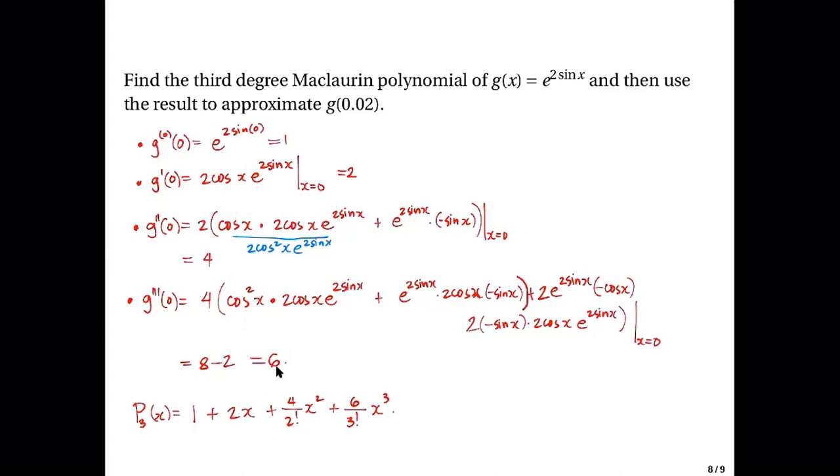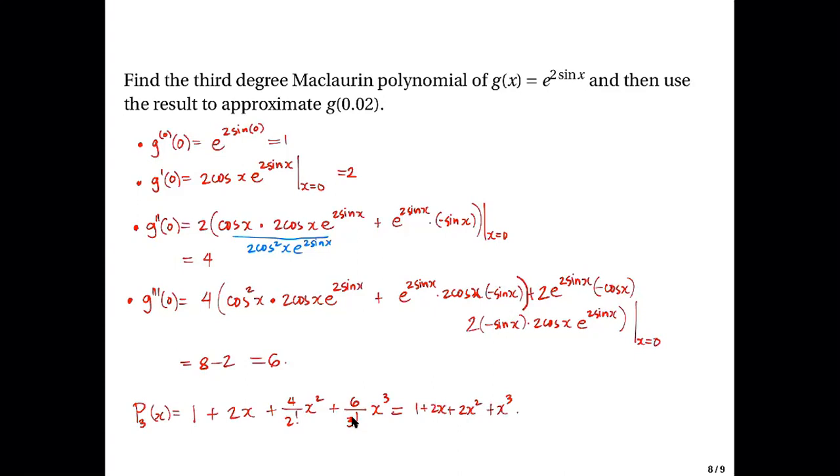So if we simplify this, we will have 1 plus 2x plus, so 4 over 2, that's 2x squared, and then 3 factorial is 6, so 6 over 6, and then we have here plus x cubed.